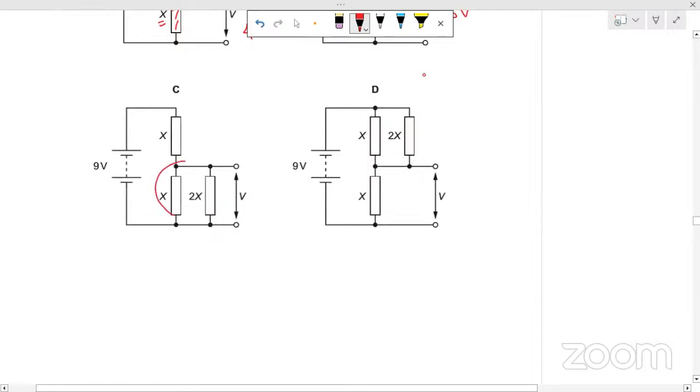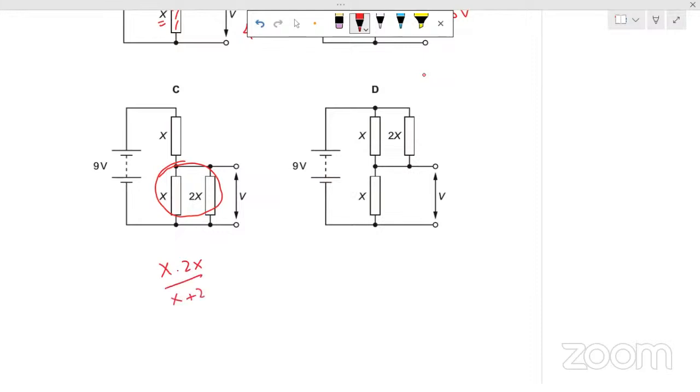First find the equivalent resistance of these two. That is x times 2x over x plus 2x, product over sum. This is 2x square over 3x, that is 2 by 3x. So we can replace the circuit by this simple circuit, x and 2 by 3x. So what is the output voltage?